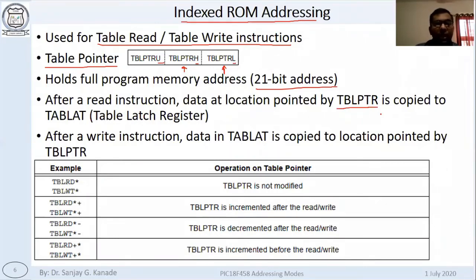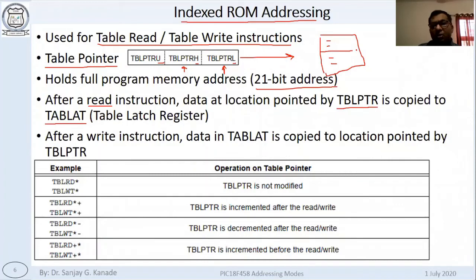Now, whenever there is a read instruction, the data at this location is copied to the table latch register, TABLAT. Whenever there is a read instruction, the data pointed to by the table pointer, this 21-bit address, is pointing to some location in the program memory, right?